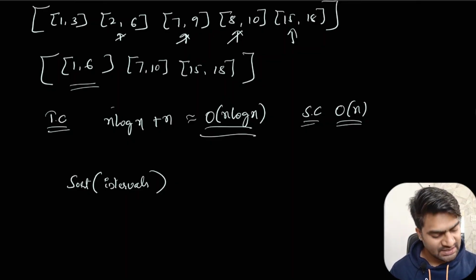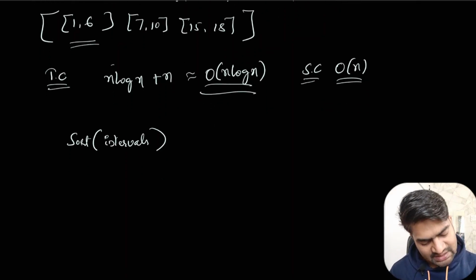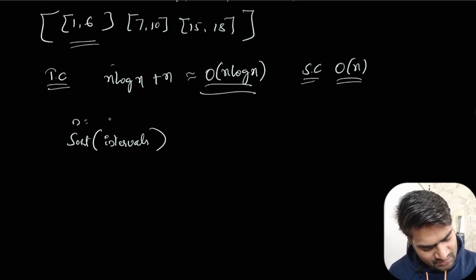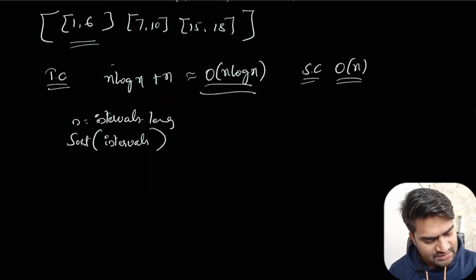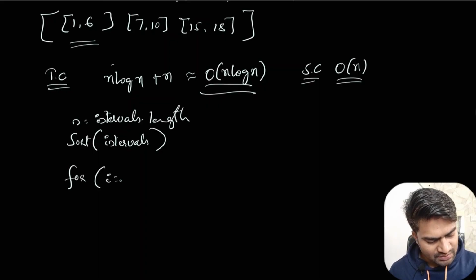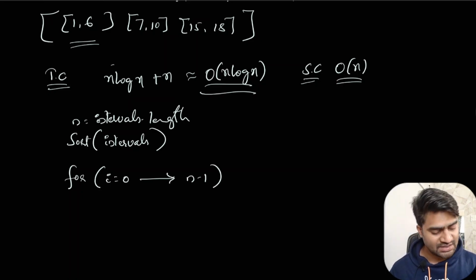We will see in the code how exactly we do that. Then after that, we also need n equal to intervals dot length. So for i equal to 0 to n minus 1, we iterate over each element.